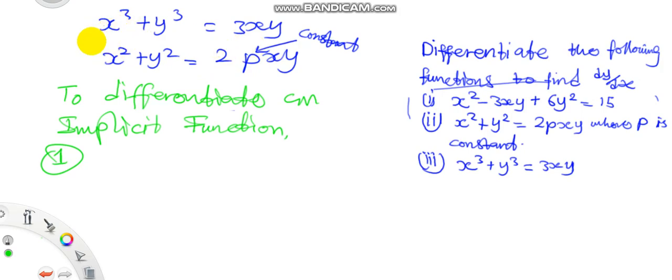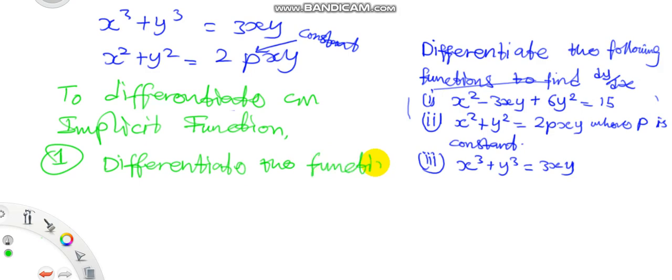So each term here, this term x cubed, we differentiate, y cubed, we differentiate, and we differentiate this other term on the other side of the equation. Term by term.